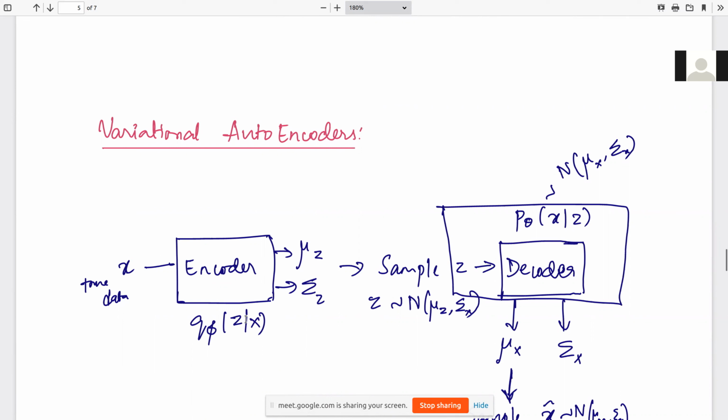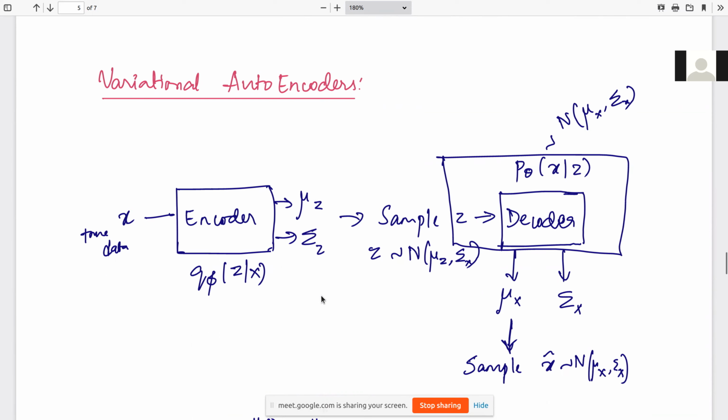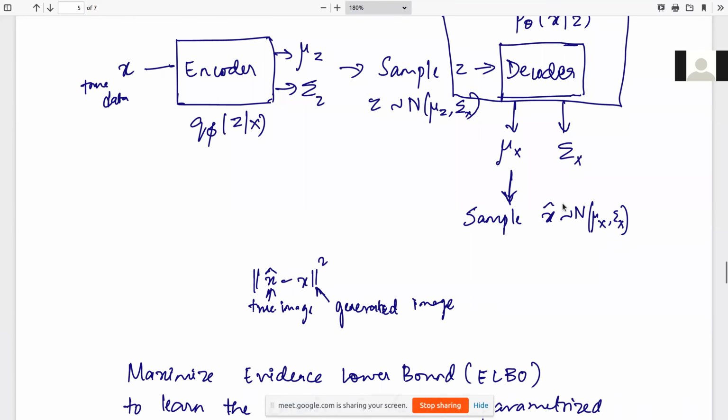Phi are the parameters of the encoder module. Using these predicted parameters, we sample a latent vector z and feed it to the decoder, and the decoder will try to construct the x hat. To train this model, we have a simple reconstruction loss between x hat and x.